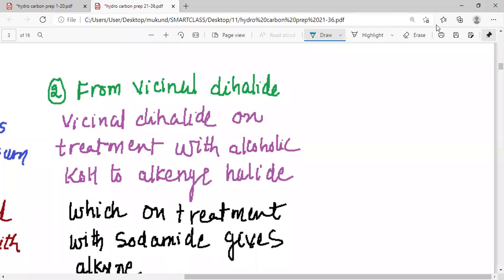Now, my dear students, we want to study another method of preparation of ethyne or alkyne, that is from the vicinal dihalide.